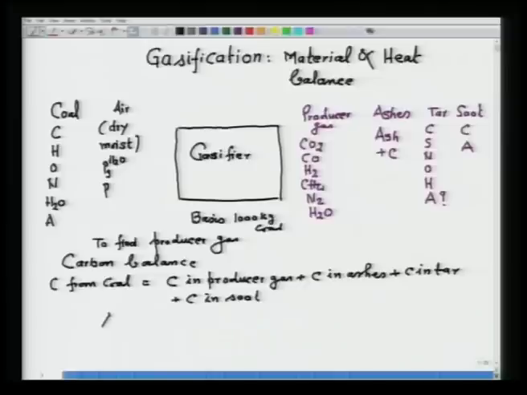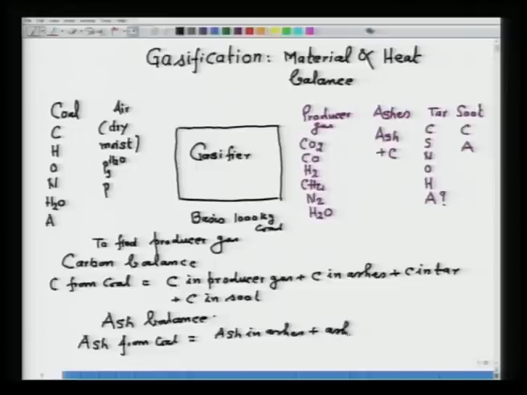In some cases, the amount of ashes is also not given, then you have to do an ash balance. So, in this particular case, ash from coal goes to ash in HS plus ash in soot plus ash in tar if it is given.